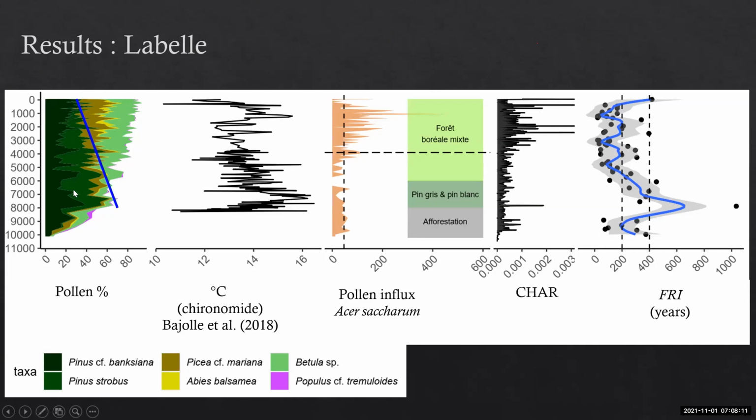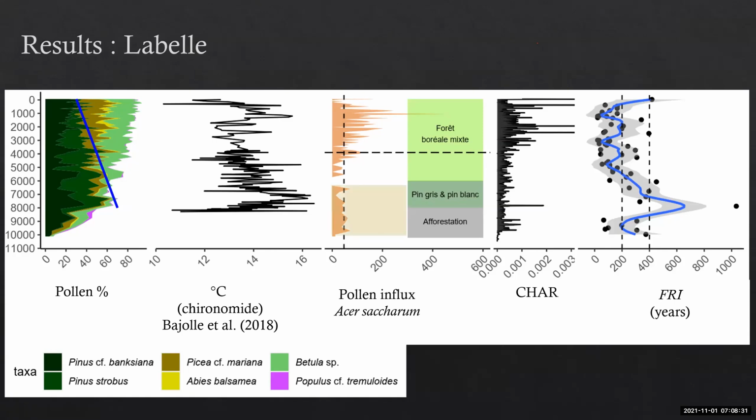Since 8,000 years ago, there is a decline of the Pinus genus, which follows the pattern of the temperature reconstructed from chironomids.